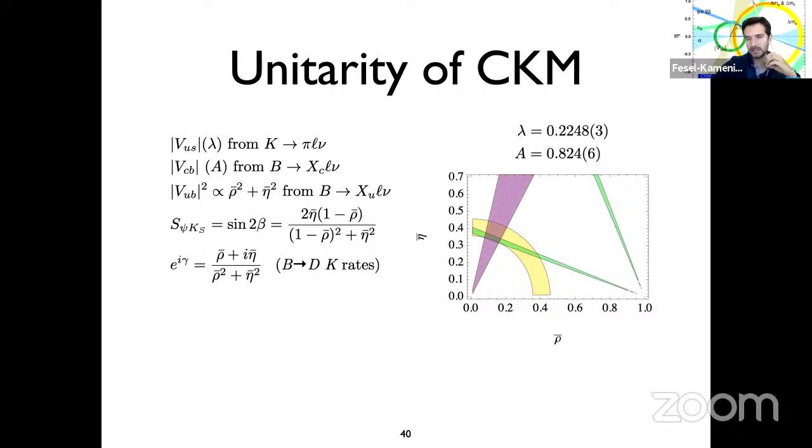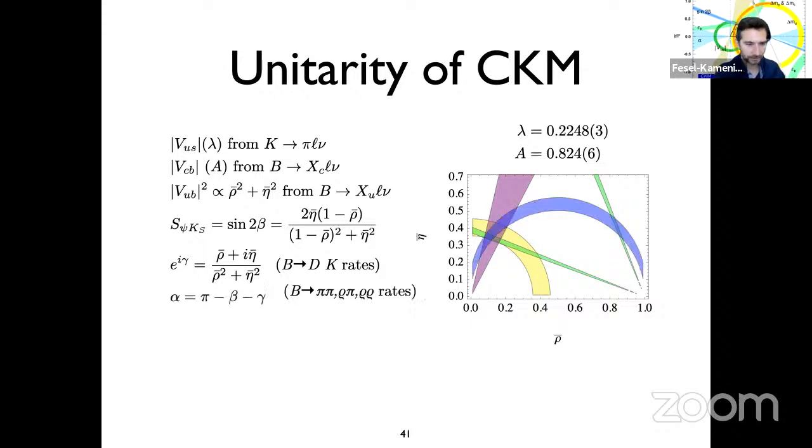And we already see that with these three sets of measurements, we can already over-constrain the CKM, in a sense that there is no guarantee that these three sets of measurements would overlap in a single region in this plane. And as you see, they do.